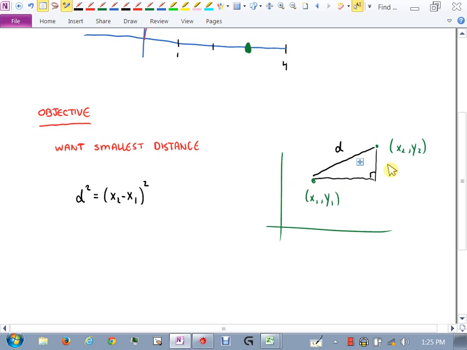This side right here would be what? y2 minus y1. So that side squared, y2 minus y1 squared. And so what we normally did was we said, okay, then d is the square root of this, right?